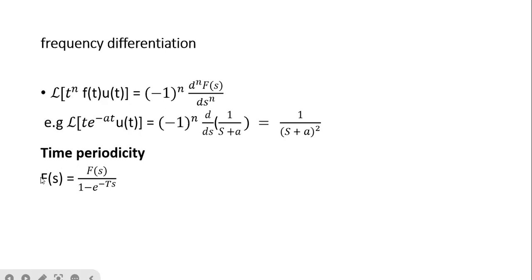So if it's a sine function, then you should have the Laplace transform of the sine function. If it's a cosine function, you should have the Laplace transform of the cosine function. Depending on what the function is, you find its Laplace transform, then divide it by 1 all over what? Exponential minus t of x, where t here we say represents the period of the function. A better example will help to trace this.